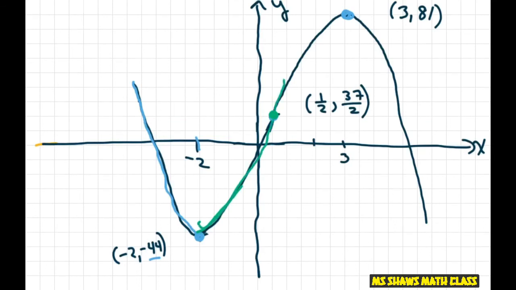Then we're concaving down. And then we're decreasing after 3. Decreasing interval. So this is decreasing. These are both increasing, but the concavity is concave up and concave down.